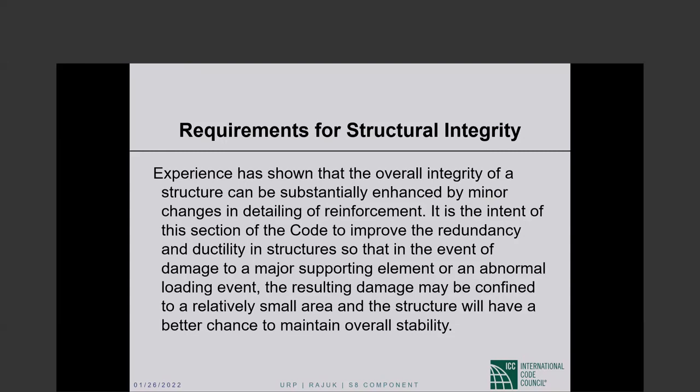If you are talking Dhaka, it is design category C or D. Newer parts of Dhaka, it is design category D. So you will have special moment frame columns in your superstructure, and the transverse reinforcement requirements for the piles will be more relaxed.